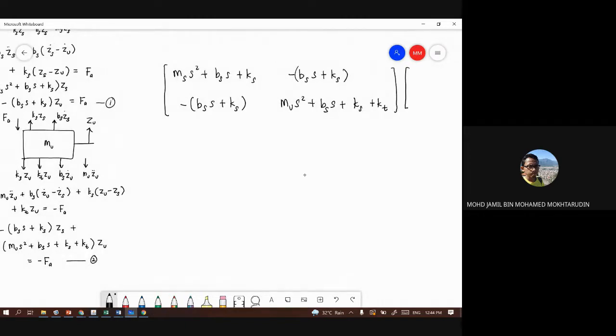Multiplied by Zs, Zu, equals Fa, minus Fa. Okay, if you have this as your matrix, then you get 2 marks.